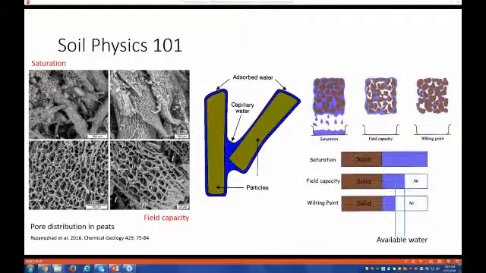If you look at this scanning electron microscope picture of the organic matter, at saturation all the pores will be filled with water, but at field capacity the water will remain only in the smaller pores. This is 20 micron and this is 500 micron. These are the water that is really readily available to plants.